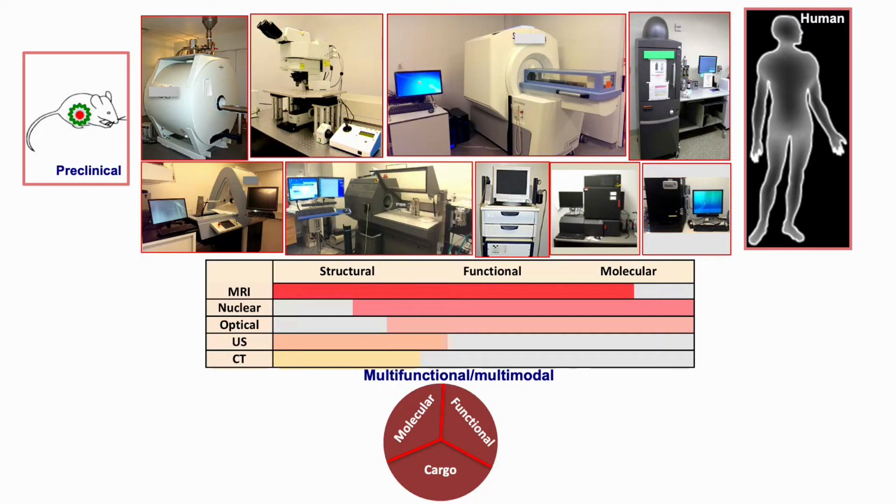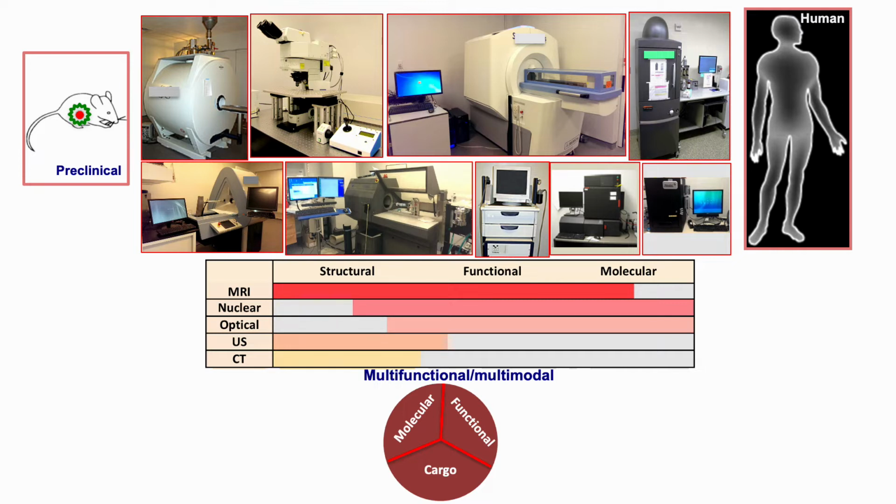Now, of course, several imaging modalities are available for molecular imaging applications. And most imaging centers, academic centers, have multimodality imaging capabilities for preclinical research that include MRI, nuclear imaging, optical imaging, ultrasound, and CT.